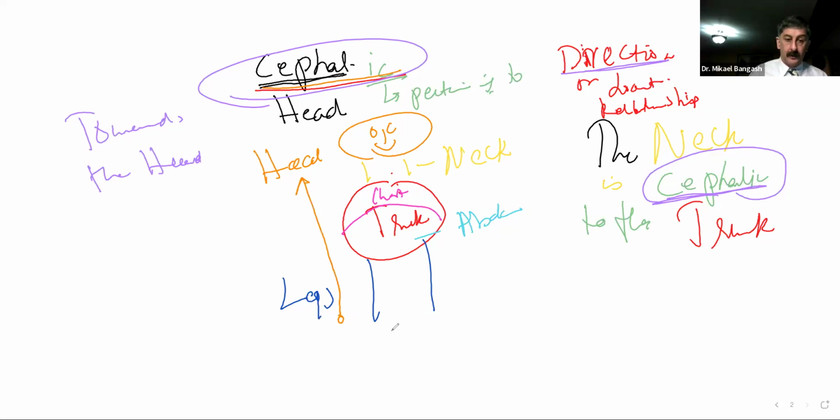If you start from your feet, anything above your feet is going to be cephalic to your foot, because its relation to the foot is closer to the head.